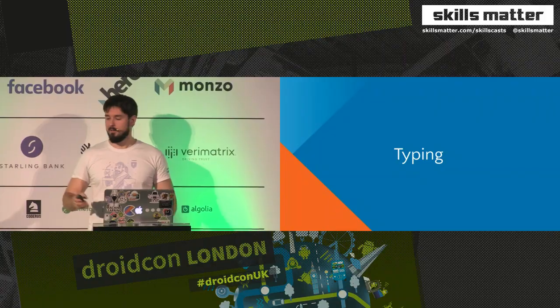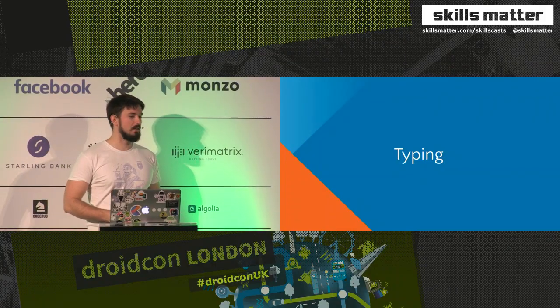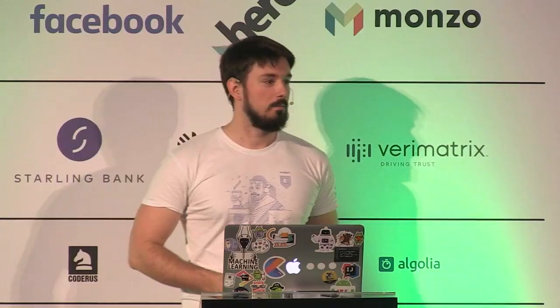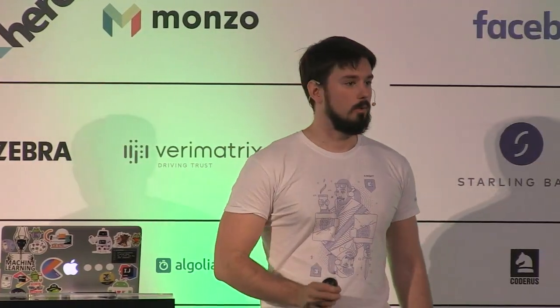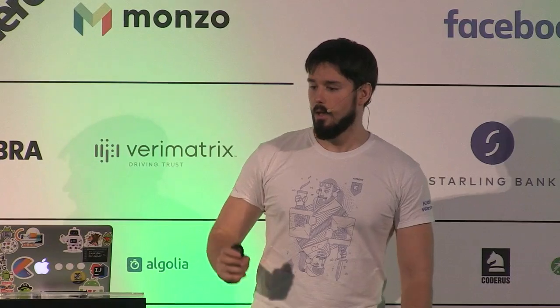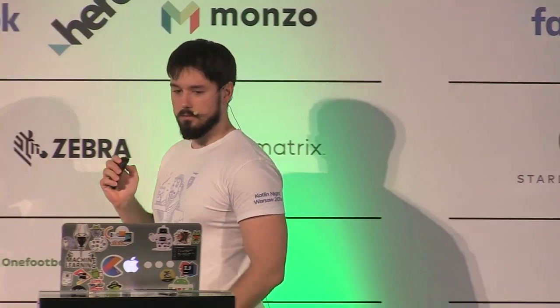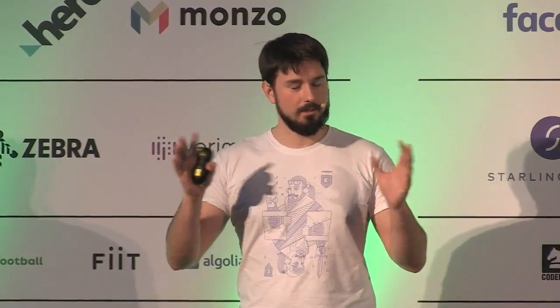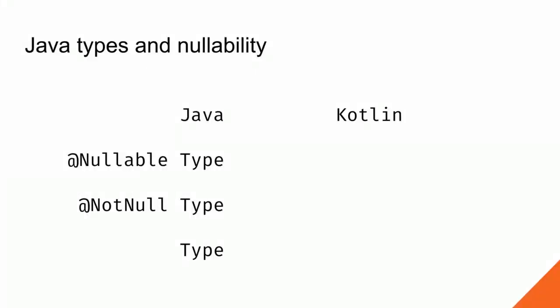Okay, let's talk about typing, because I believe typing system is great and it's very useful, but to truly unleash its possibilities, we need to use it. And one problem is when we have null safety that stops us from calling on nulls.